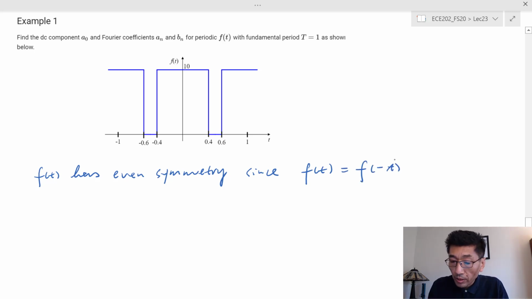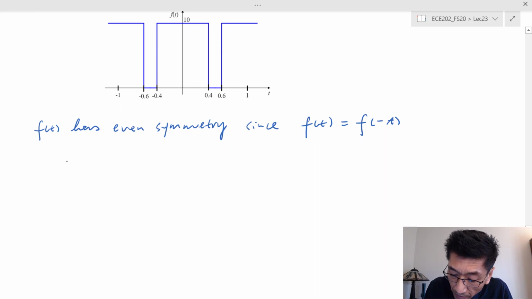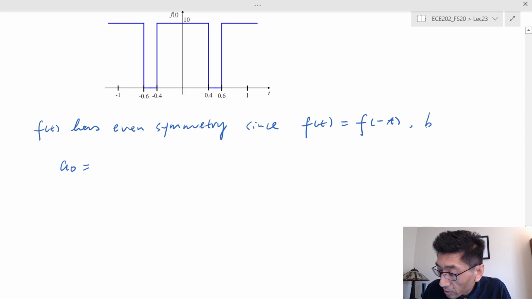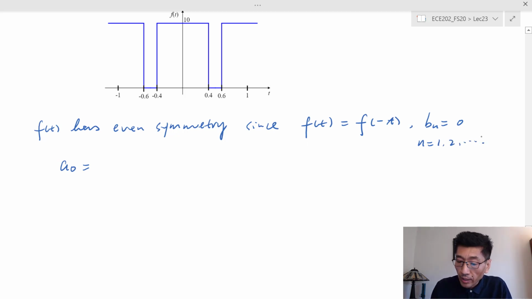And therefore, we only need to find a0 and the a_n's. We know b_n is going to be 0, so we don't really need to find those. And we only need to find a0.